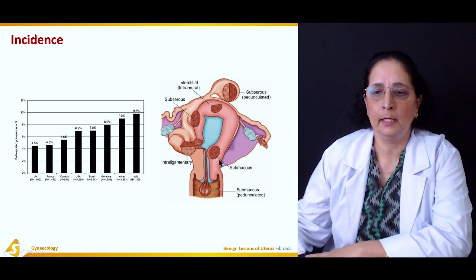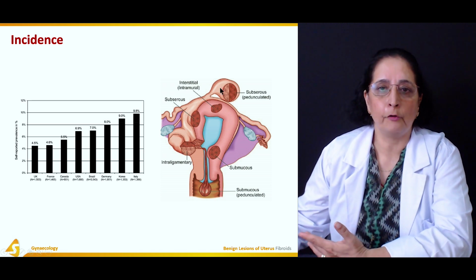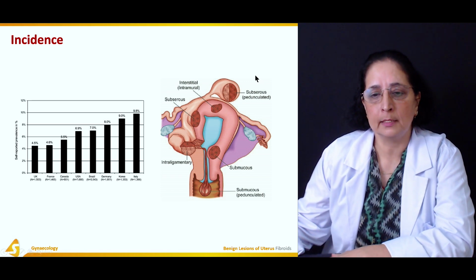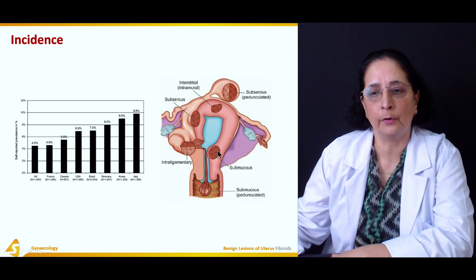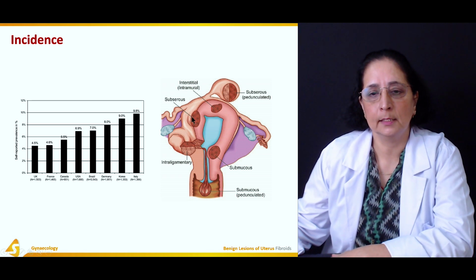This is the presence of fibroids in the different portions, and these fibroids are named accordingly for the areas where they are present. This is the submucous type of fibroid. Subserous.